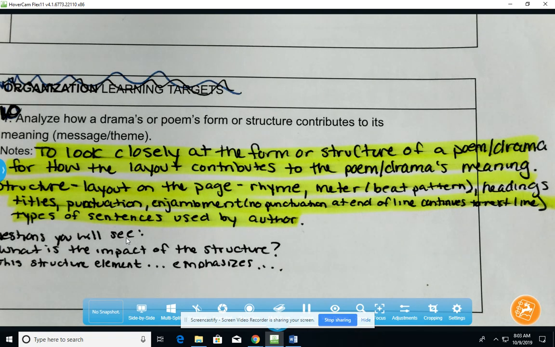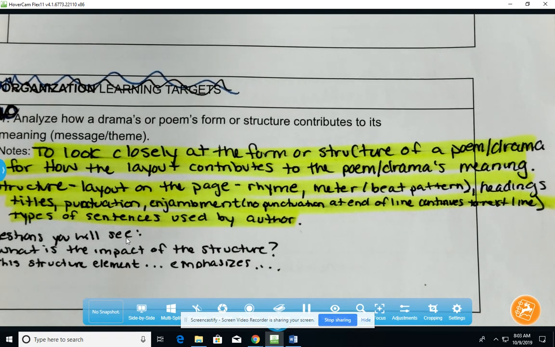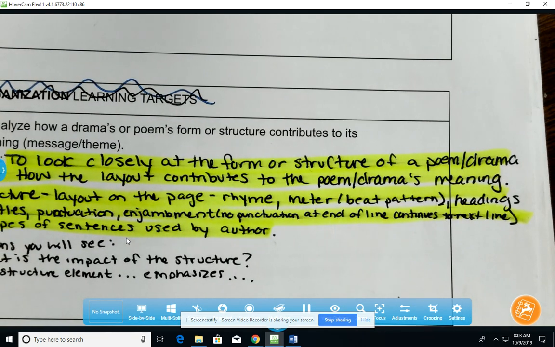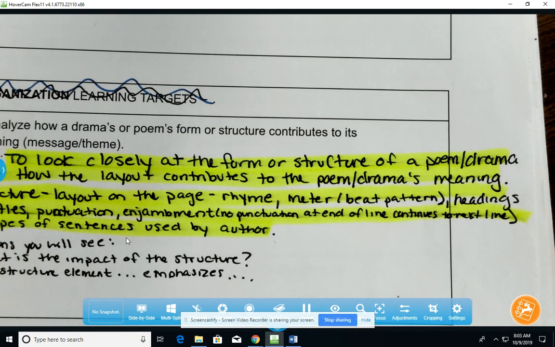Enjambment, that's a poetic term, which means that when a poem line ends, usually poets end a poetic line with a punctuation mark. But sometimes they use enjambment, which is where the line from one end of the poem continues on to the next. Even though you might be in the middle of a sentence and have no end punctuation, when you have enjambment, we don't necessarily continue on to the next line really quickly.